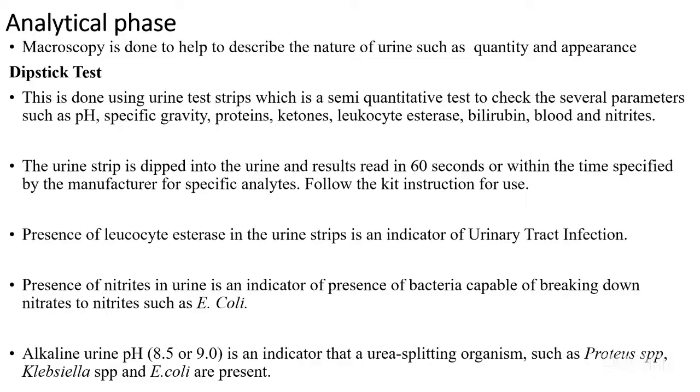So you will have a rough idea that you have some bacteria in the urine. If you have an alkaline urine, a pH of 8.5 to 9, it is an indicator that there is a urea-splitting organism in that urine, mostly maybe Proteus, Klebsiella, or E. coli. So you'll be suspecting your urine already has bacteria even before you do the culture.